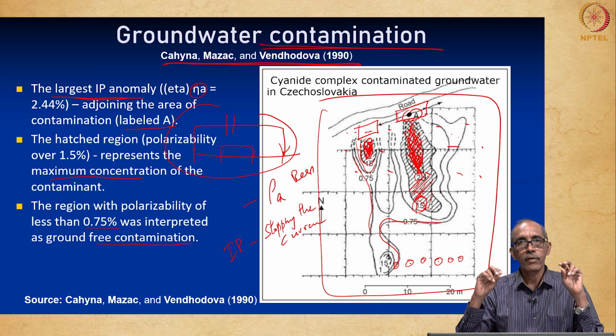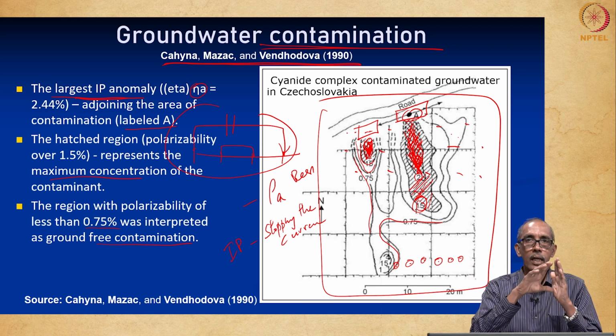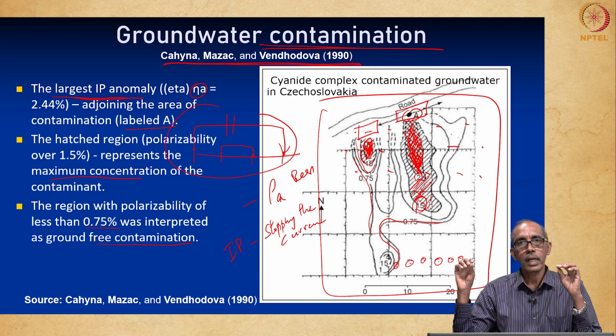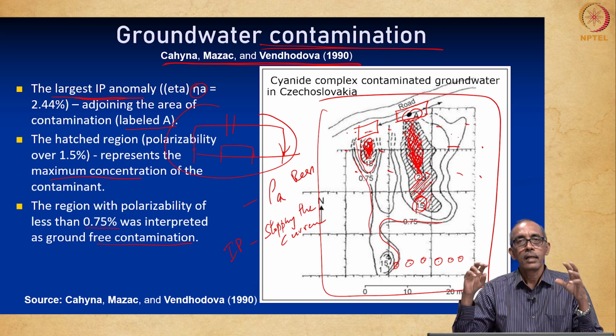One is we focus our attention on the red area, that is time domain. The normalized area we are measuring is known as the time domain IP method. Then we also saw the frequency domain IP method. In frequency domain, we use 2 different currents or multiple frequency currents, right, to estimate the phase difference between the applied and the measured signal.